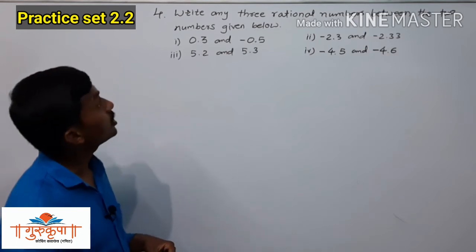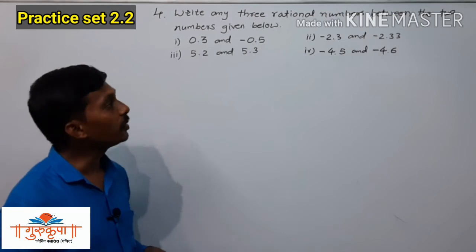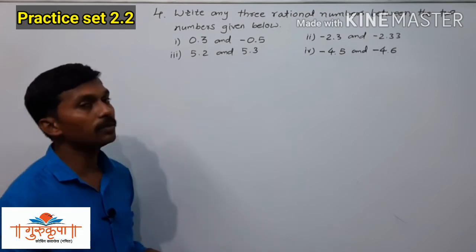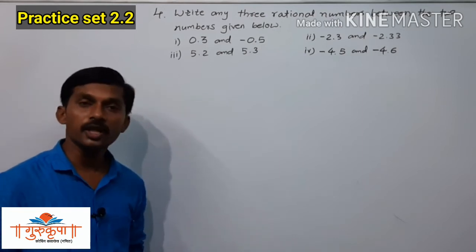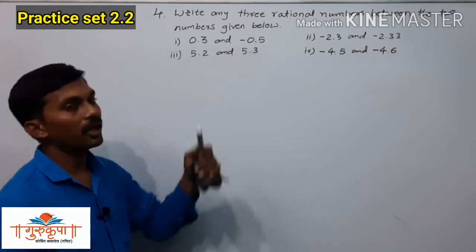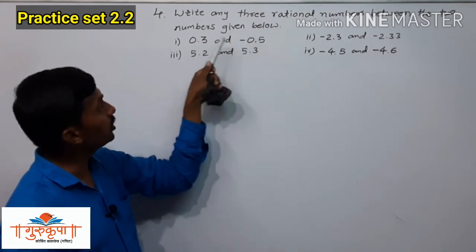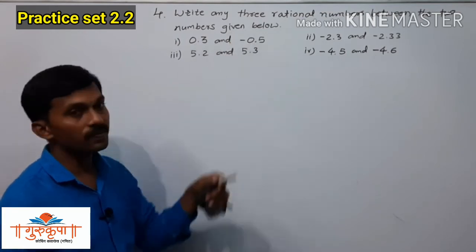The question is, write any 3 rational numbers between the two numbers given below. In each and every example we have given 2 rational numbers and we have to write 3 rational numbers between these 2 numbers.